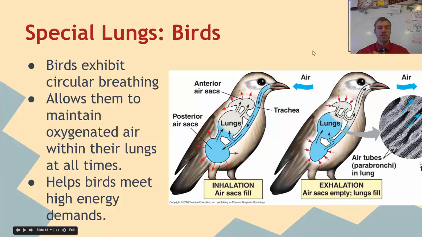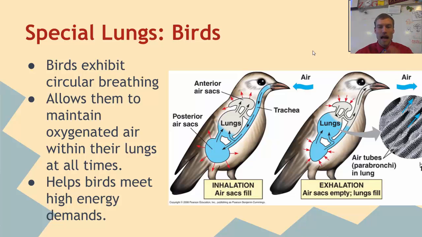There are also some specialized lungs, which are found in birds, and they have a one-way respiratory system, where they can breathe in. That is going to put air into a posterior air sac, and that posterior air sac holds the air for a little bit. As it does so, it moves air from the lungs into the anterior air sac, but that pulls some air along with it.